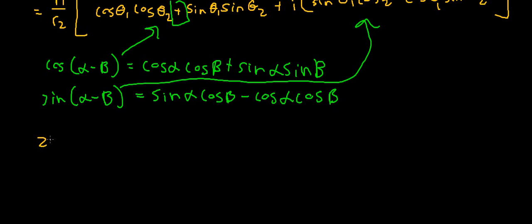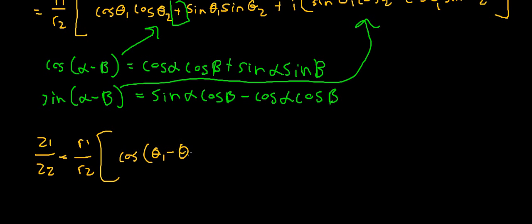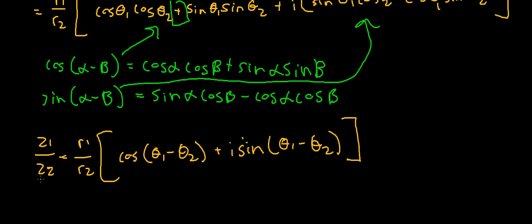And I get z1 over z2 is equal to r1 over r2 times cosine of theta 1 minus theta 2, plus, and then there's going to be the i, sine of theta 1 minus theta 2. And that is all there is to it.